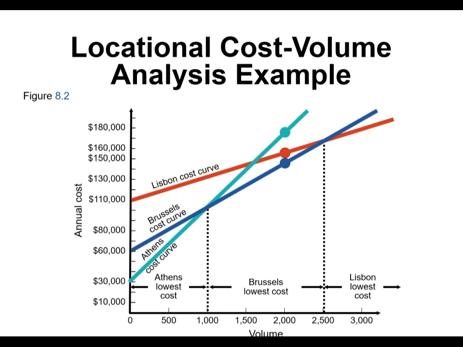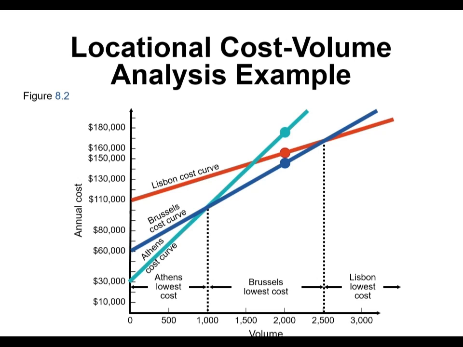The lowest line within this area before the lines intersect or cross over is actually Athens. So the green one is Athens, right? So Athens is the lowest compared to Brussels and Lisbon. So Athens should be the lowest cost if you produce between 0 to 1,000.